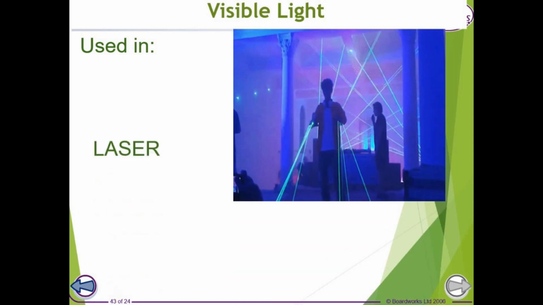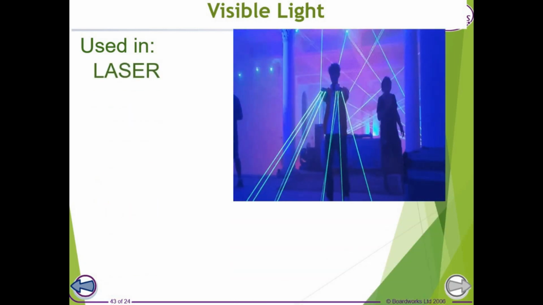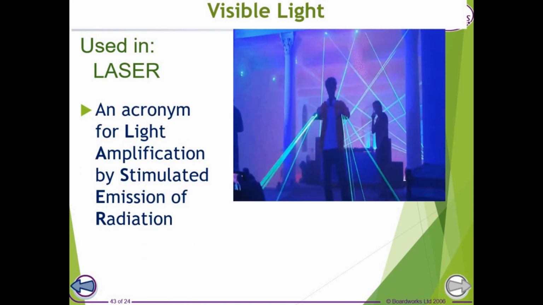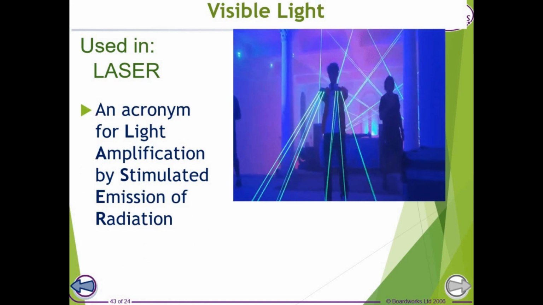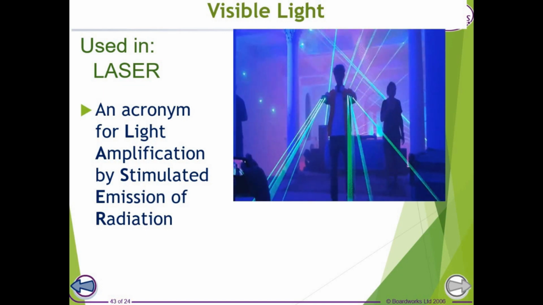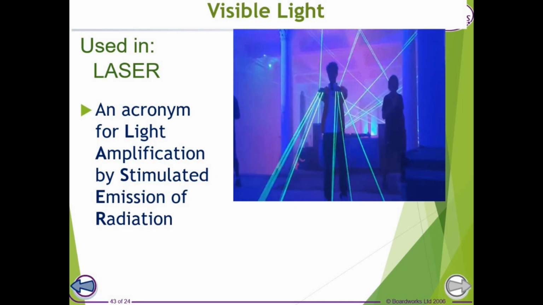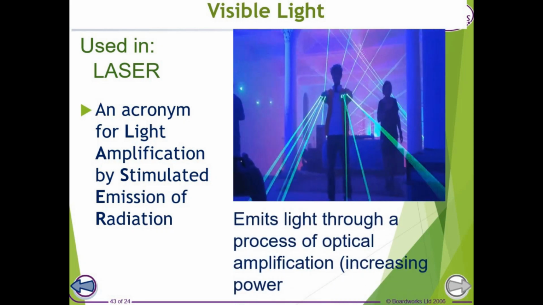Now, what are the uses of the visible light? Visible light is used in laser. Okay, what is a laser? A laser is an acronym for light amplification by stimulated emission of radiation. It is a device that emits light through a process of optical amplification with an increasing power.